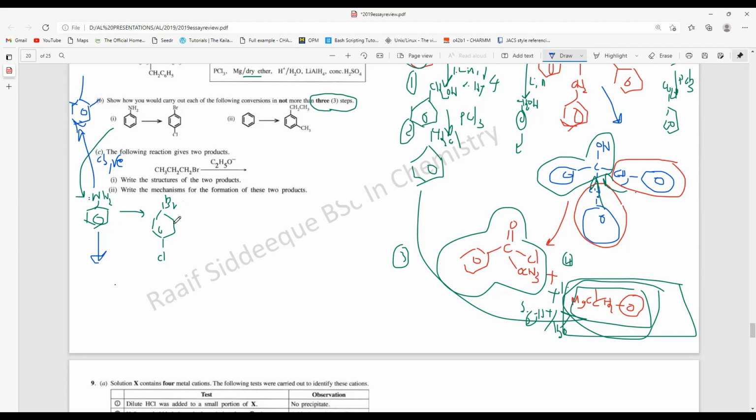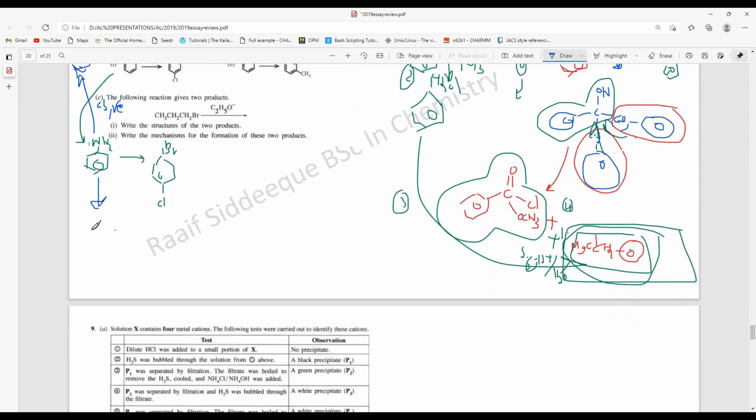So the easiest way to do this is making this one first a diazonium salt, right? How do you do this? If you remember, NaNO2, HCl at 0 to 5 degrees Celsius, you make this. And then you can obtain either chlorine or bromine by adding CuCl, HCl, which will give Cl, or CuBr, HBr, which will give this one.